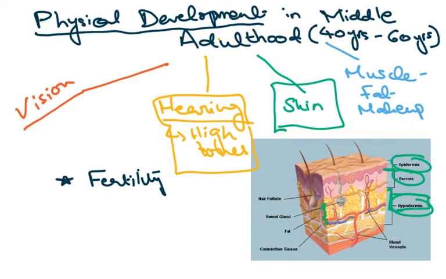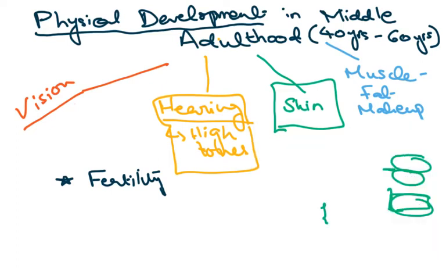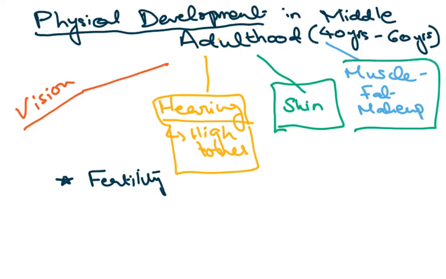Next, we talk about muscle fat makeup. And what we see when we talk about muscle fat makeup is that individuals who are middle-aged, right, they begin to lose a lot more muscle and put on a lot more fat, right?